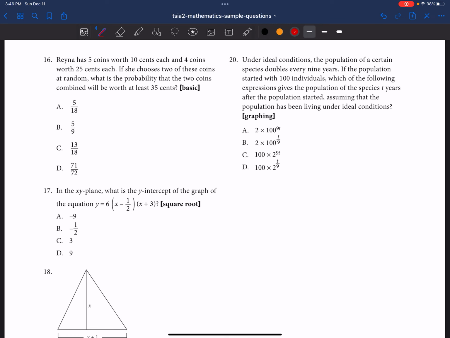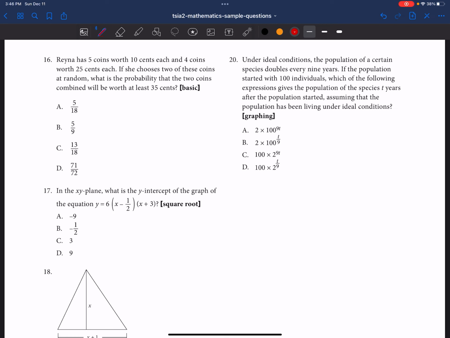So the only way this is going to happen is if she gets a dime and a quarter.